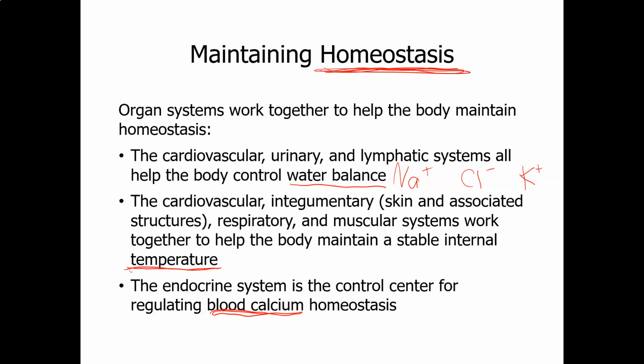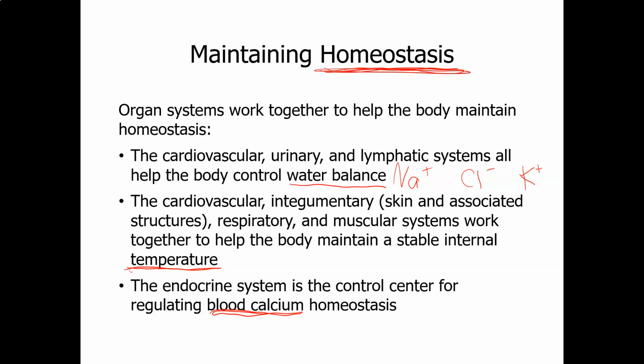So the cardiovascular system, the urinary system, and the lymphatic systems work together to help the body control that water balance, the balance of water versus solutes in your body fluids.